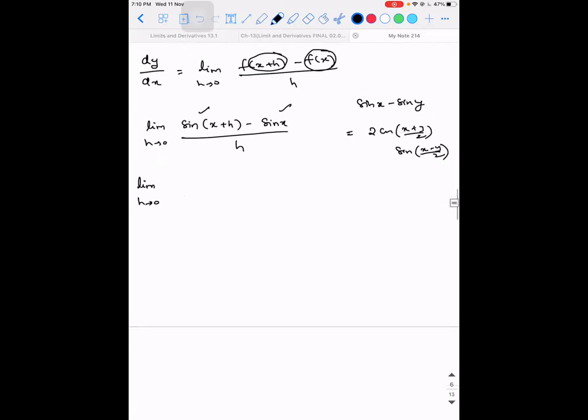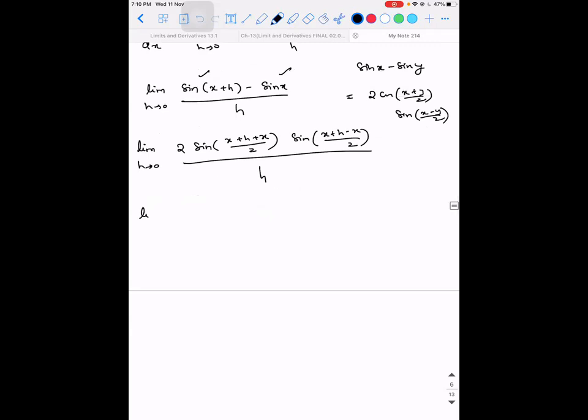Okay. So here it will be 2 sin of (x plus h minus x) divided by 2, the whole divided by h, of cos (x plus h plus x) by 2. I'm sorry. It's cos.